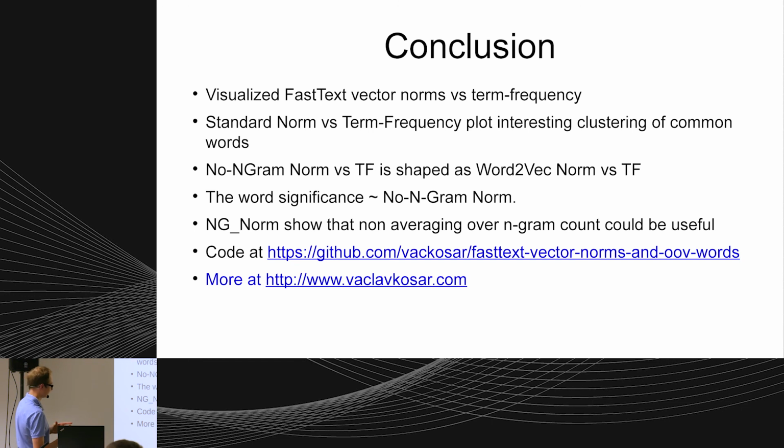And there's this weak evidence of word significance being somehow related to the norm. And also, not averaging over n-gram count, and in general not averaging over words, seems to be a useful thing to do.